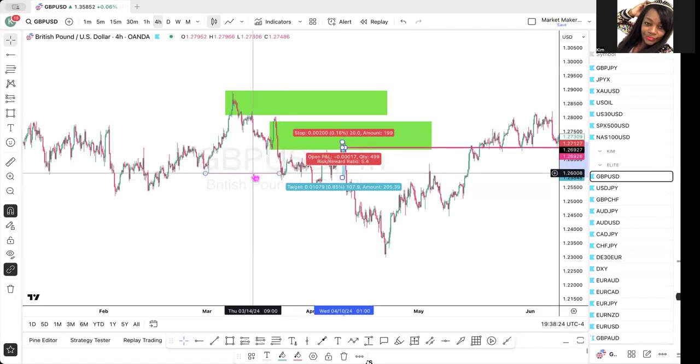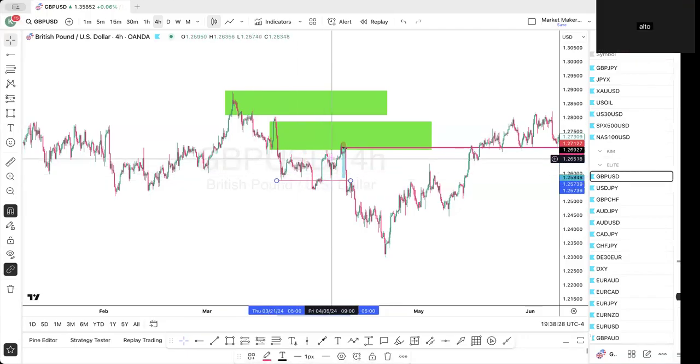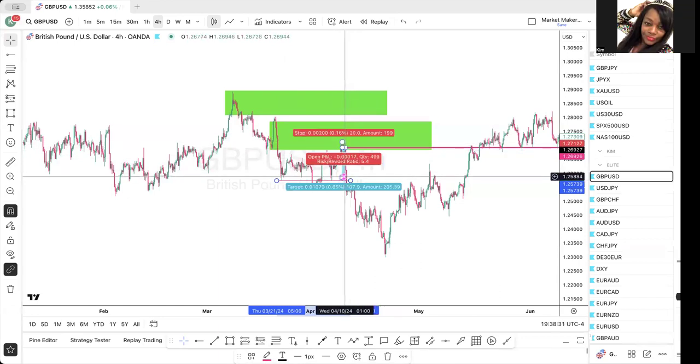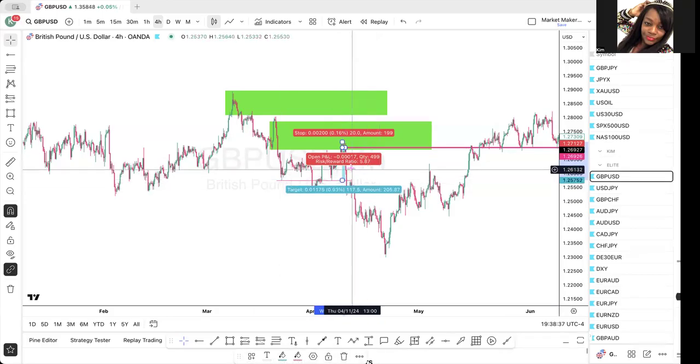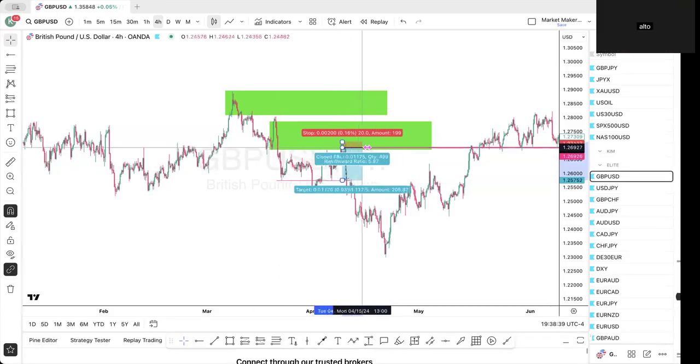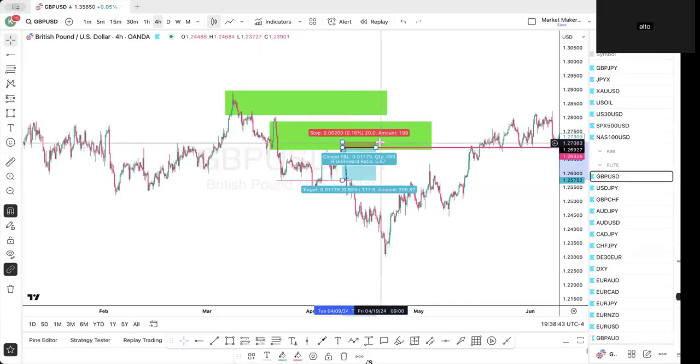Since this was the break, this was your swing low here. Once it pulled back, you take it to the last low. Yeah, which is that down there, the last one. Yep, 117 pips.